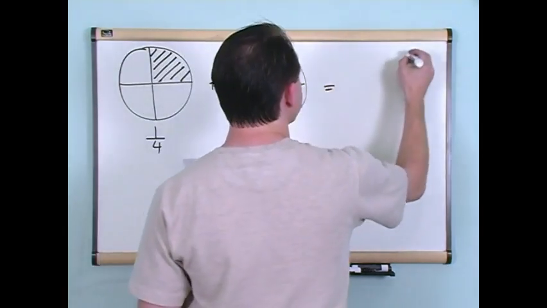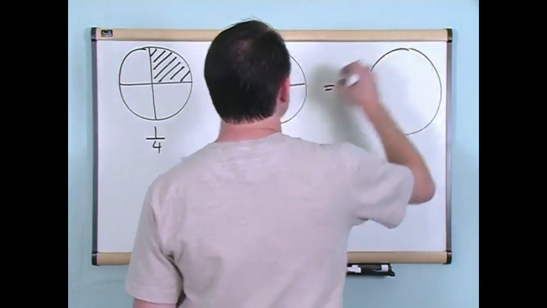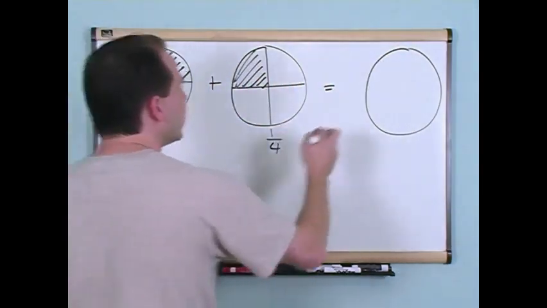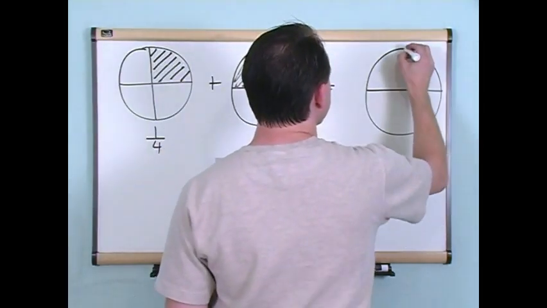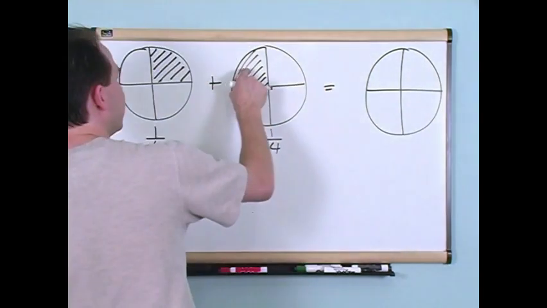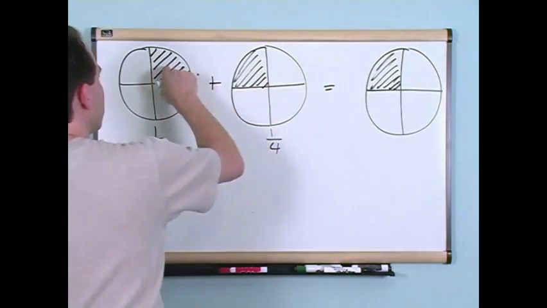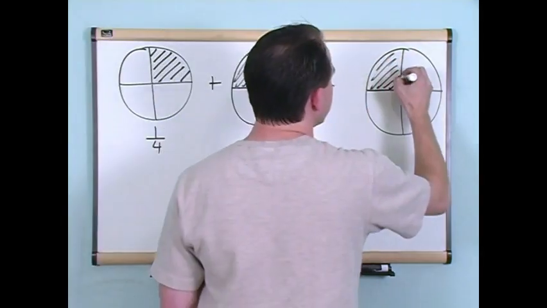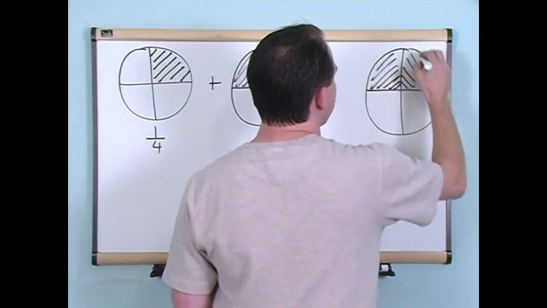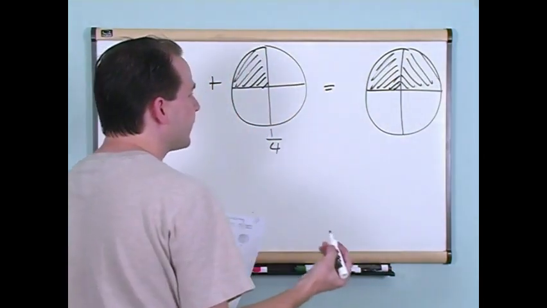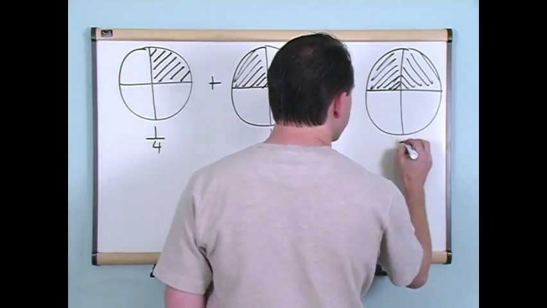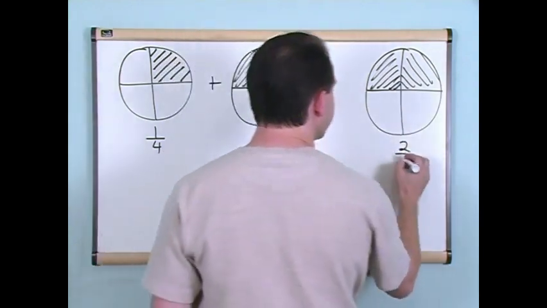Well, just by looking purely at the drawings, what's going to end up happening is, here is the piece from here, and then this one, when I add it into this spot, is going to be the piece over here. So what I'm going to have is 2 pieces out of 4 total pieces.